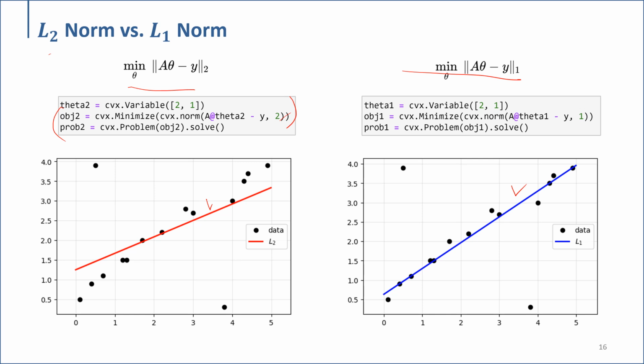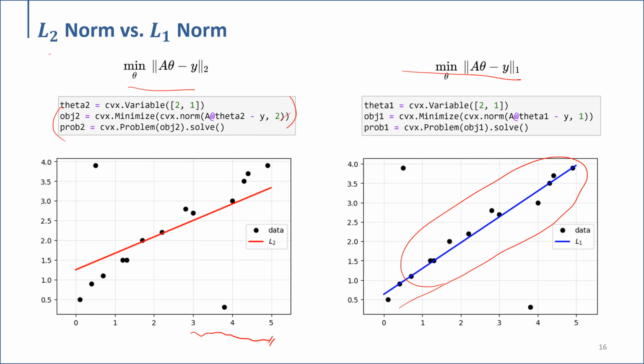very different. So by seeing these results, what do you think? Which model predicts the data set well? I think L1 represents the main structure of the data set well compared to the case when we use the L2 norm.